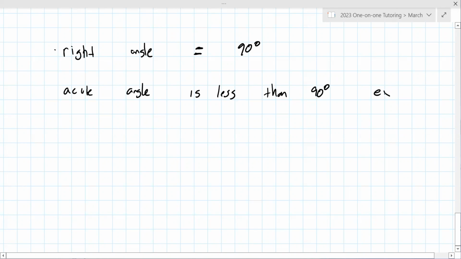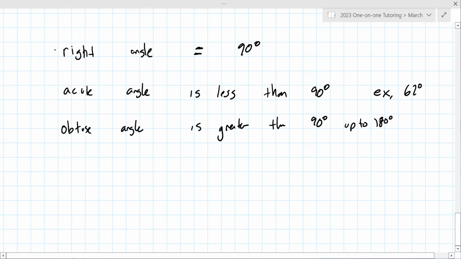So what's a number less than 90? 62. Sure, 62 degrees, good. An obtuse angle is greater than 90. Yeah, you already know these. That's excellent. Now, there's a little caveat. It has to be also less than 180. So it's like up to 180 degrees. So, for example, 135 degrees is an obtuse angle.